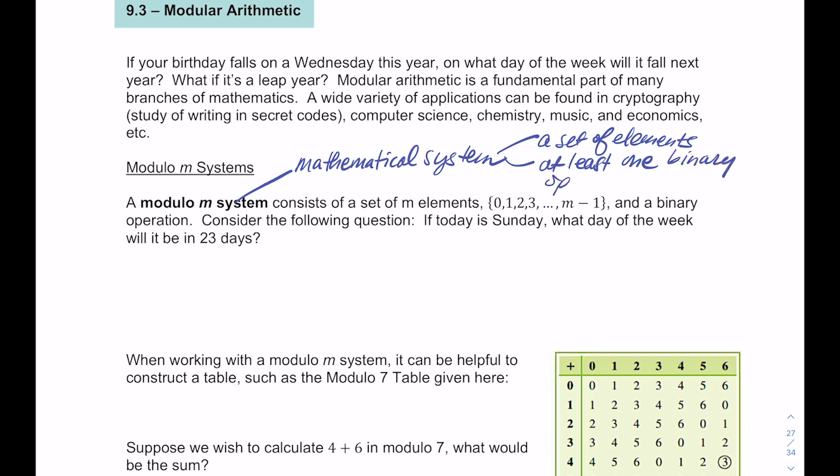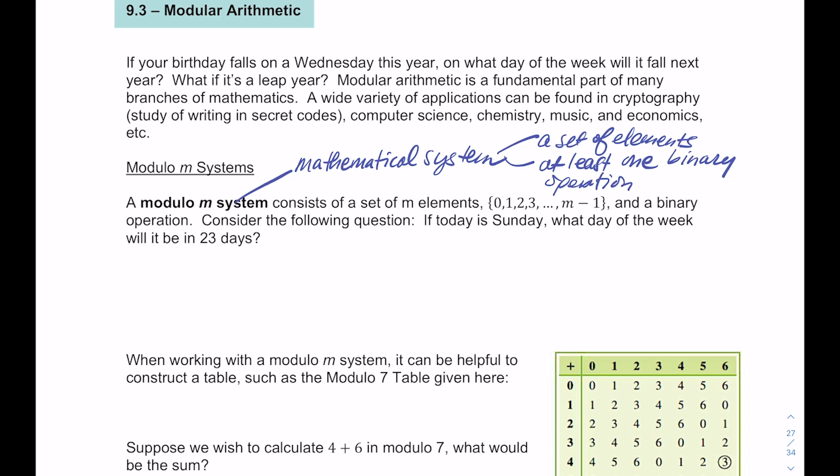When we say binary operation, what we mean is that adding, multiplying, subtracting or dividing are operations, right? Binary means 2. So it's when you can do one of those operations on 2 elements and it results in a single element. For instance, you can take the numbers 2 and 3, that's 2 elements, and if you add them, you get 1 element, which is the number 5. So a modulo system is a mathematical system, and it consists of M elements and a binary operation.